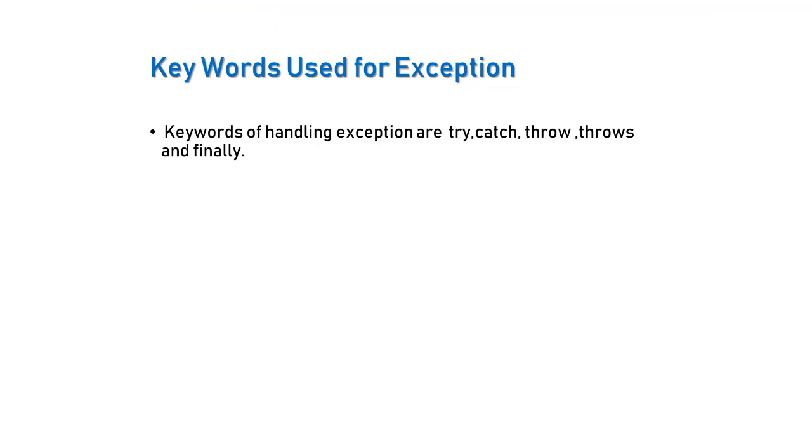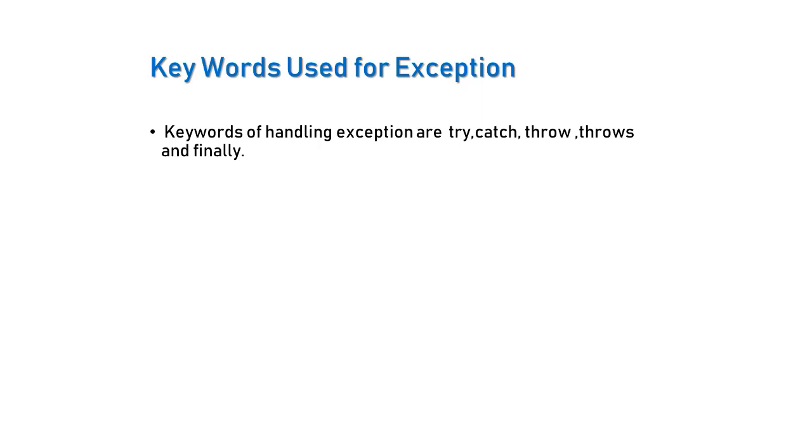Keywords used for exception. Try is a block that has a collection of statements that performs the general activity of the program. If any of the lines is interrupted or fails, it will be handled by catch, which is another block. Throw keyword is used for intentional termination of the program.